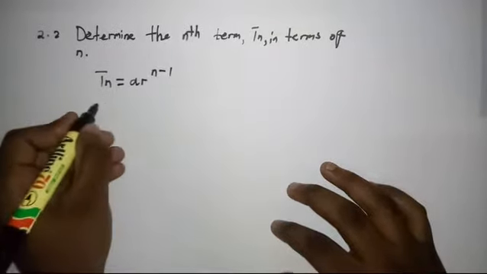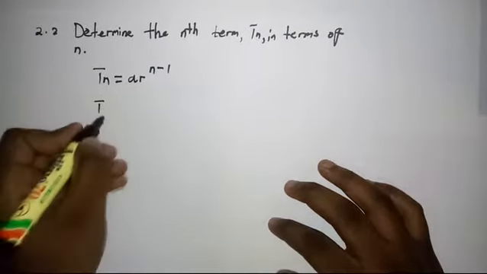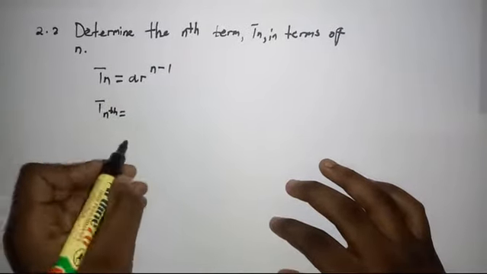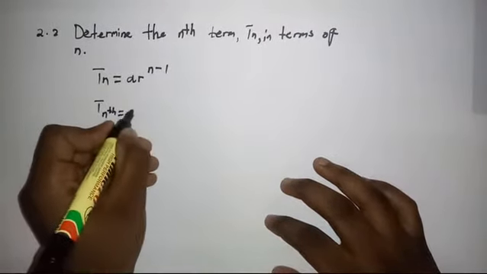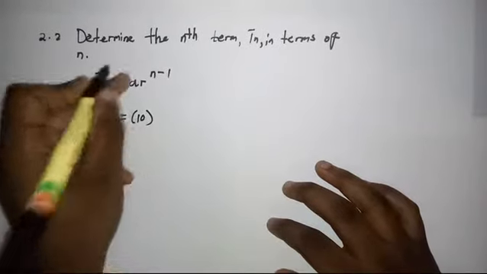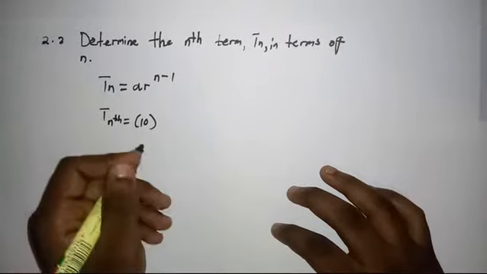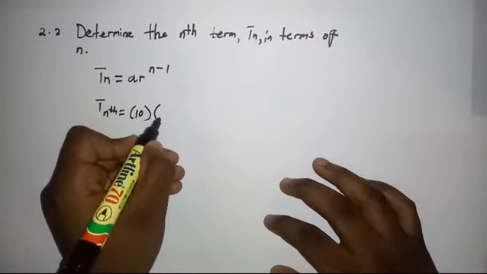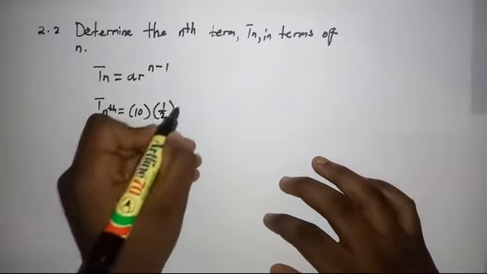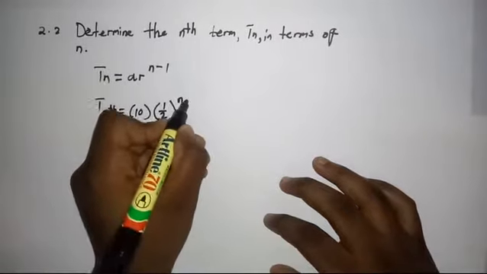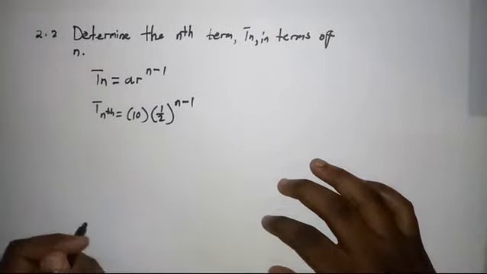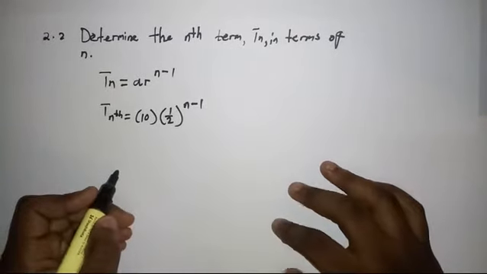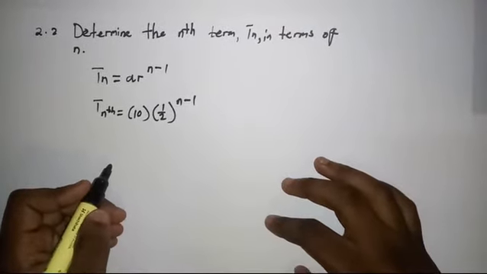So basically the nth term will be: a is 10, since it's the first term of the sequence. Then r is a half, to the power of n minus 1. So this is your nth term for this sequence.